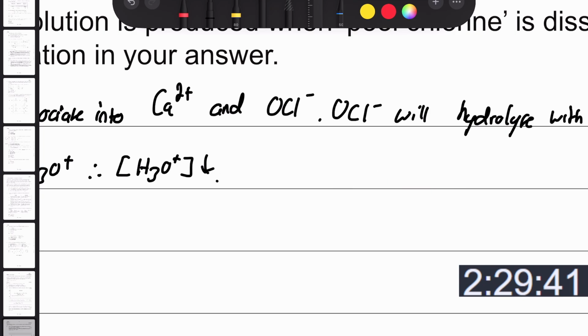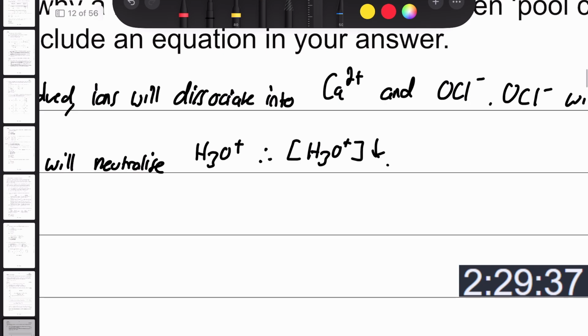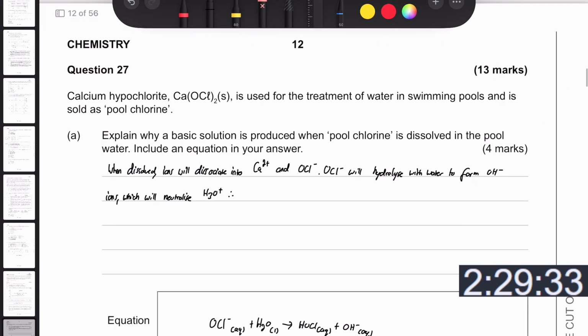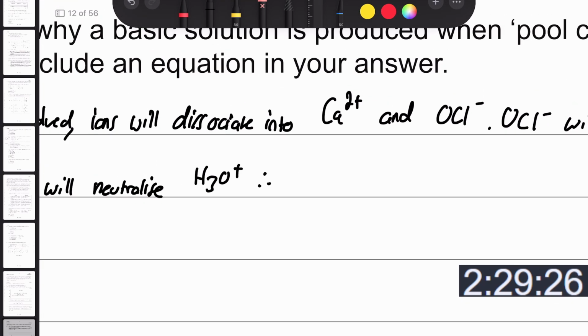Therefore the solution is basic. It will dissociate and form OH minus ions, which will neutralize. Therefore basic solution.